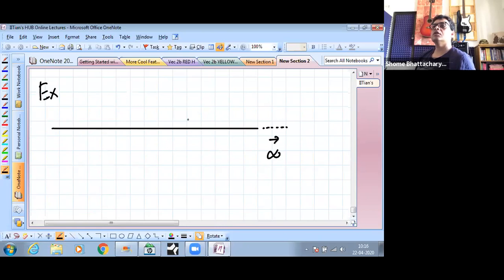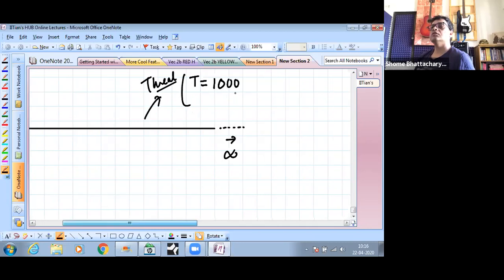So this is a thread, and the thread has a tension of, let us say, 1000 newtons, and it has a linear mass density of, let us say, 4 grams per centimeter.